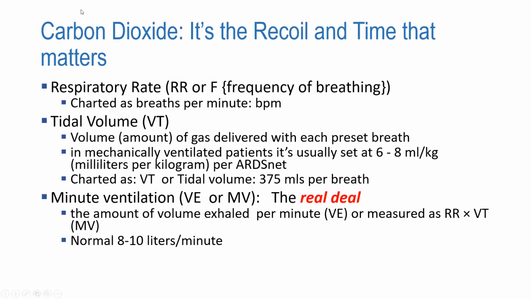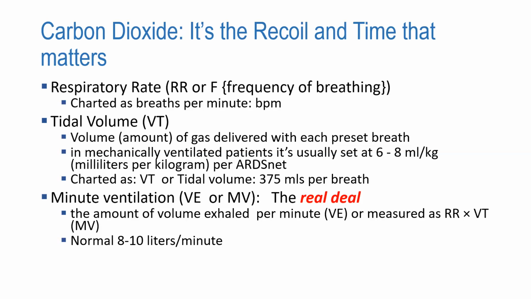I want you to remember that in order to remove carbon dioxide, your alveoli must recoil. So we distend them when we take a breath, and then they recoil and exhale the breath out. Recoil takes time. Recoil takes normal alveolar parenchyma. So we know that if you have chronic obstructive pulmonary disease, you have destruction of the normal alveolar parenchyma and you lose recoil.